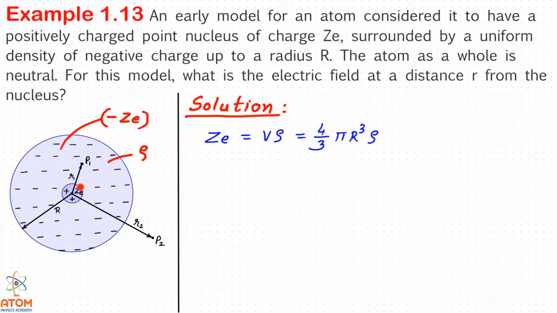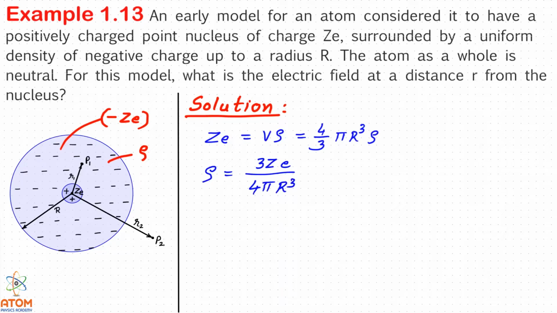Let me clarify one thing: I have not considered the volume of this nucleus because the nucleus is said to be point-like, and though here it is not shown as point-like, we have to consider it as point-like, and so the volume of this portion is not considered while calculating the negative charge q. I am just putting the equation of the magnitude of this Ze, and that's why it is volume into density and 4 by 3 pi R cube. From this you can write rho will be equal to 3 Ze upon 4 pi R cube.